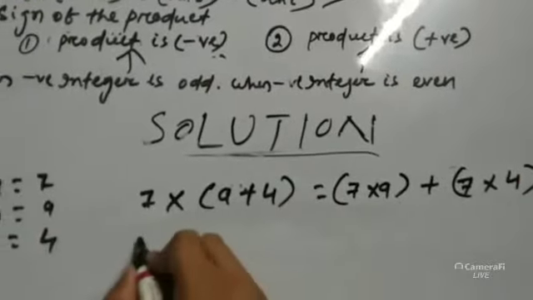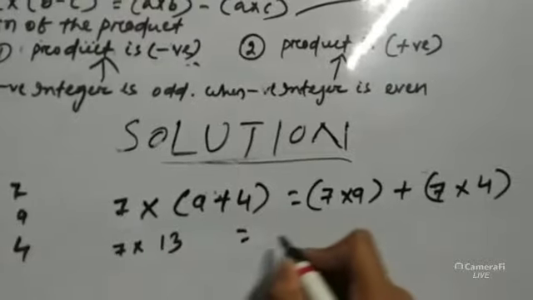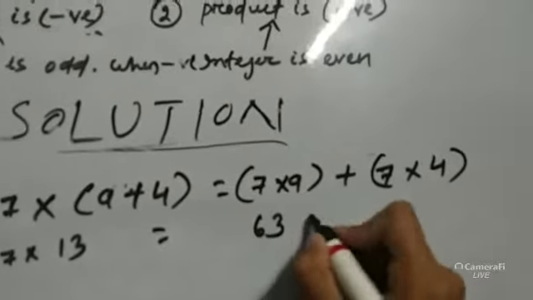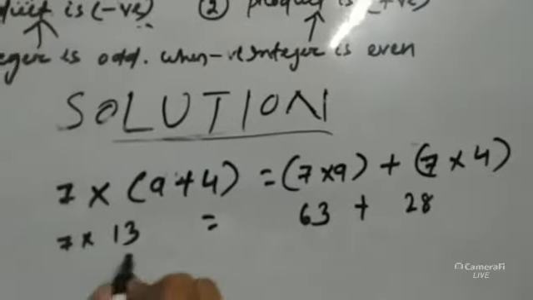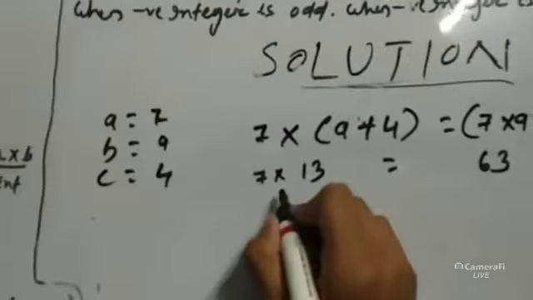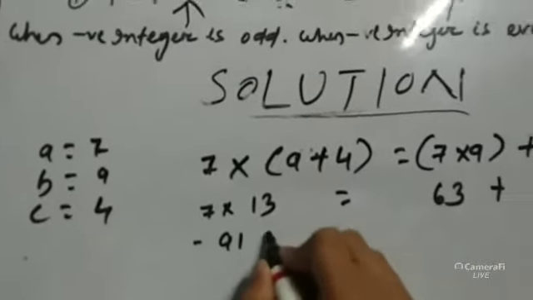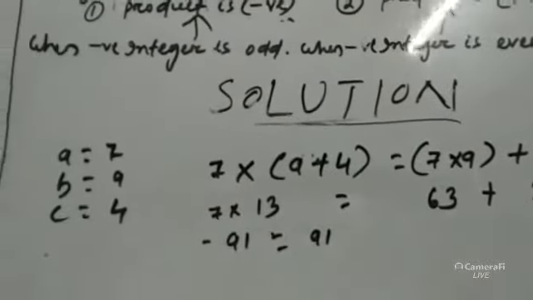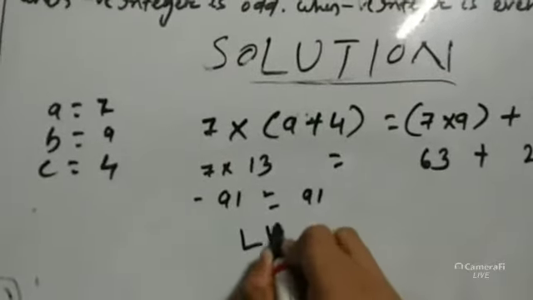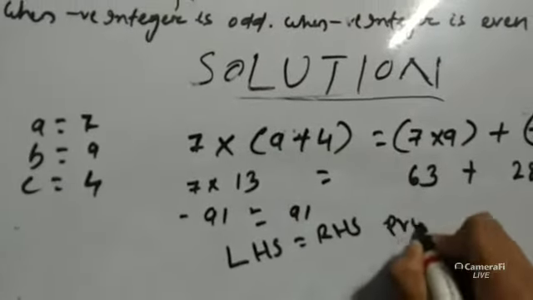Now 9 plus 4 is 13, 7 into 13 equals 7 into 9, 63, plus 7 into 4, 28. 7 into 13 equals 91, and 63 plus 28 is 91. So LHS equals RHS, proved.